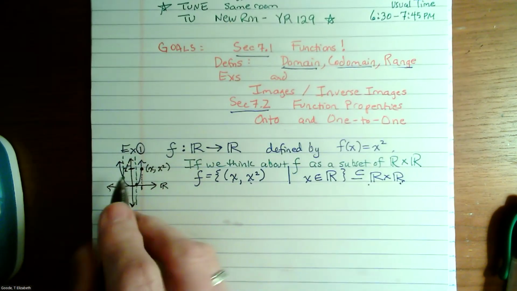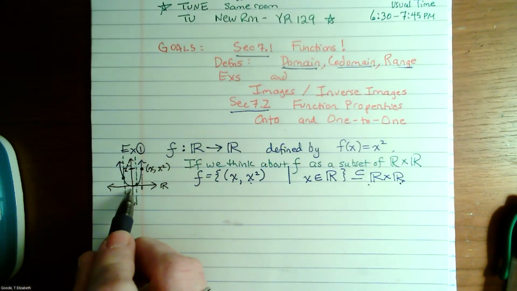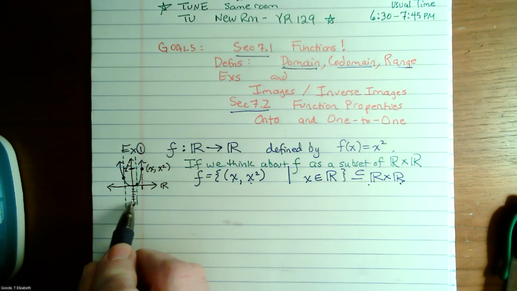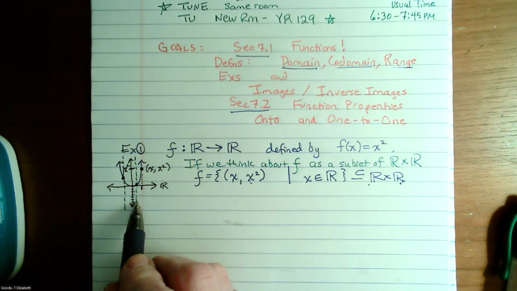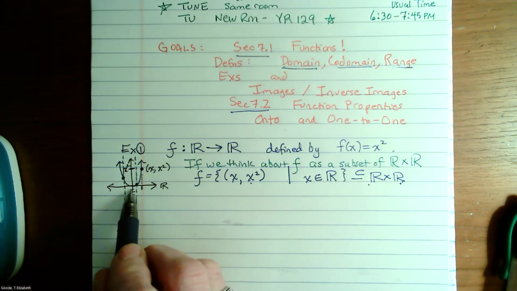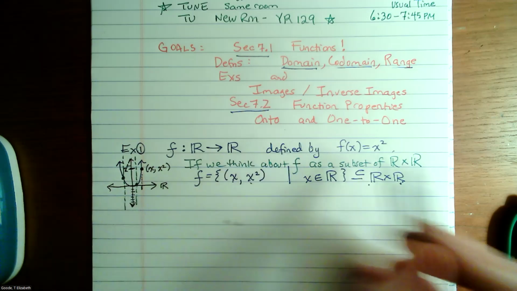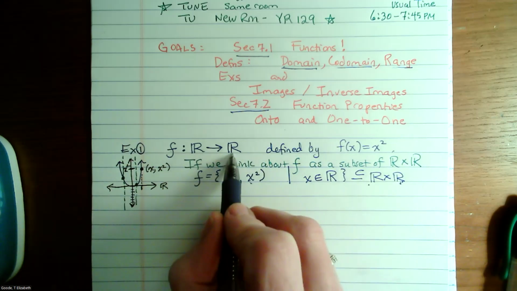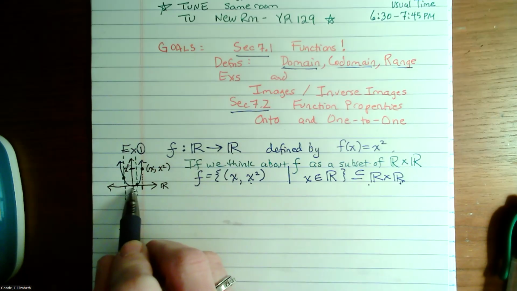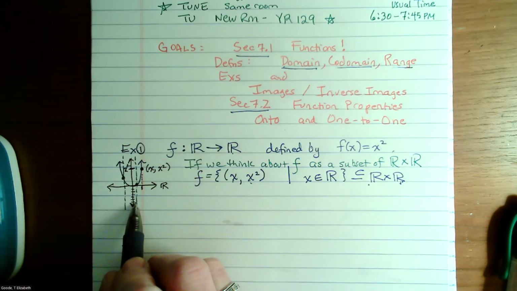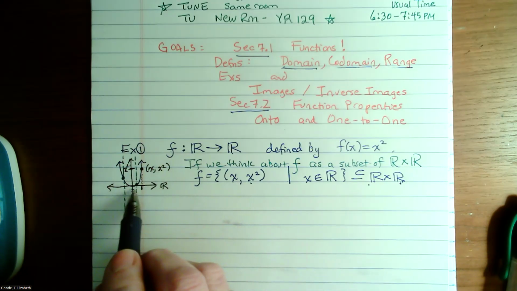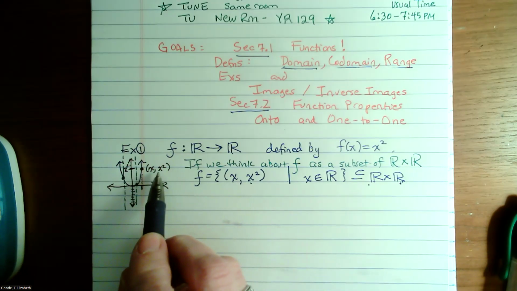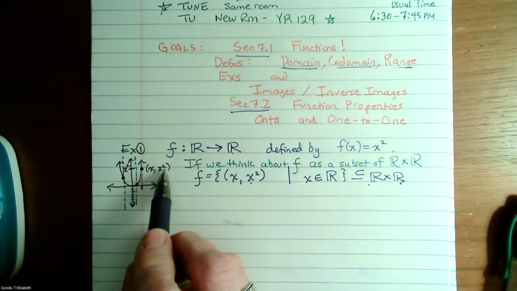And if you look at this picture I've drawn, notice that the negative y values, none of them are achieved by this function, right? So there are elements in this copy of R, the codomain, that don't get graphed to. They don't get hit. In other words, there is no negative y that would equal an x squared for a real x.